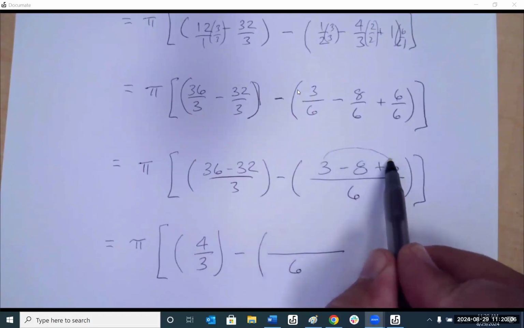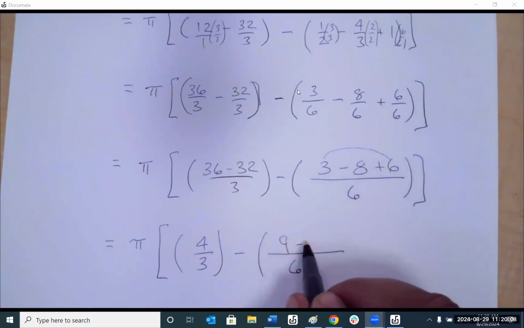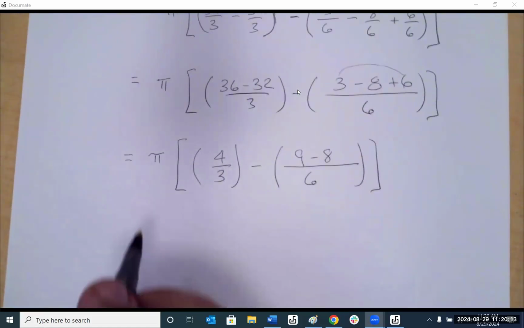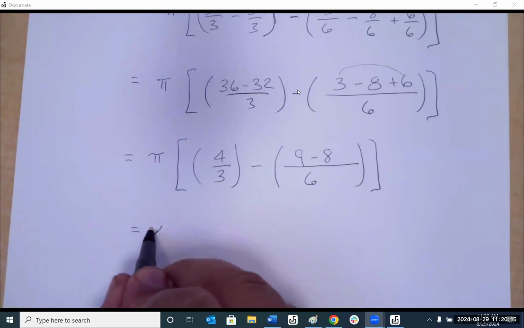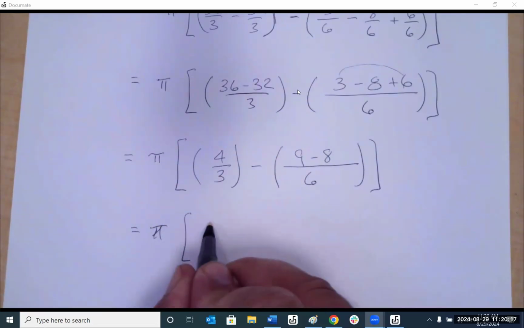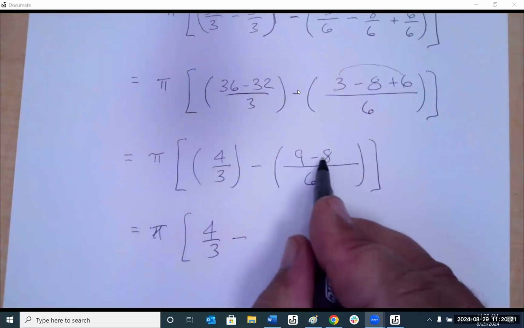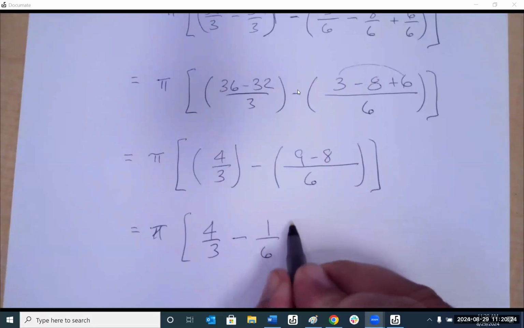Three plus 6 is 9. Minus 8. Nine minus 8 is 1.